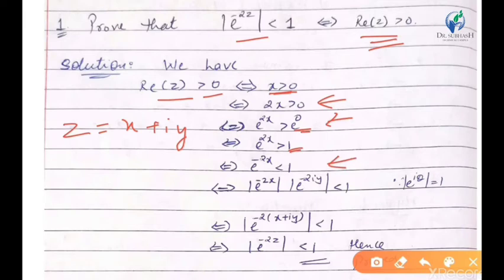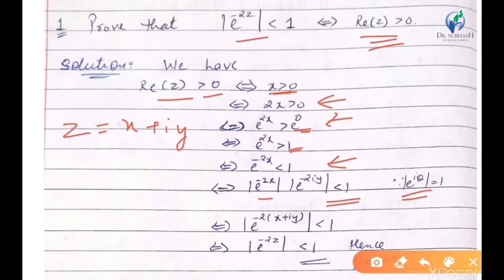The sign gets changed. Now we know that mod of e raised to i theta is equal to 1. So we can write this as mod of e raised to minus 2x into e raised to minus 2iy less than 1. Now the base is the same, so we add the powers.